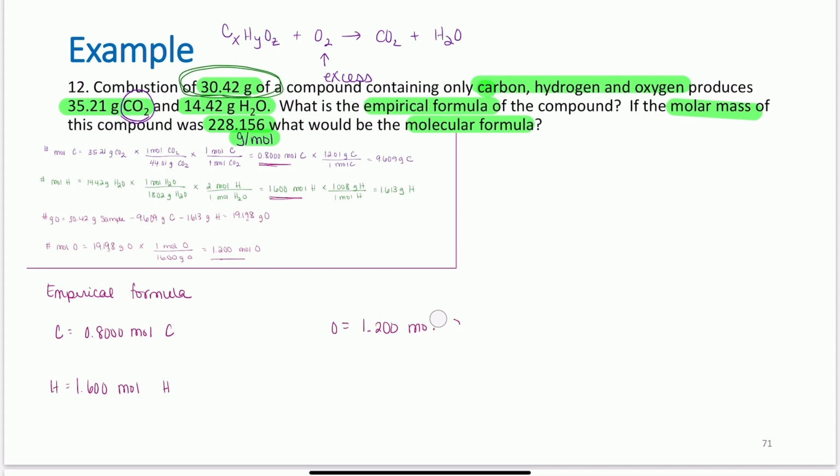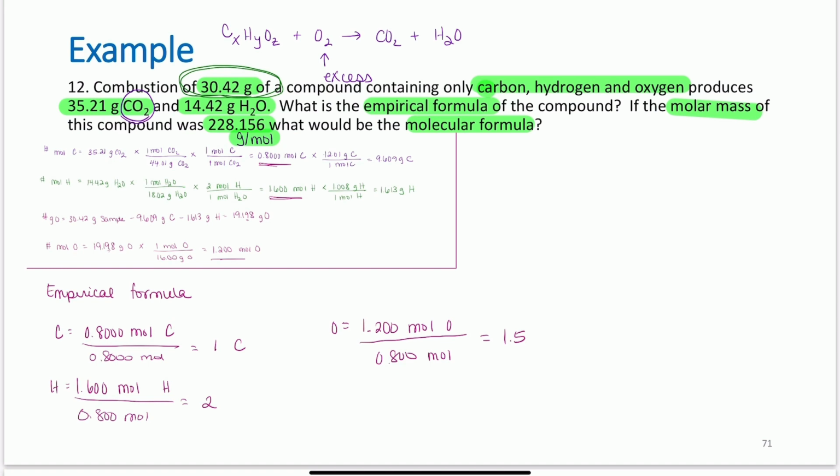When I compare these numbers, I see that the moles of carbon are the smallest number. So I'm going to divide everything by 0.8000. That gives me 1 for carbon, 2 for hydrogen, and 1.5 for oxygen.